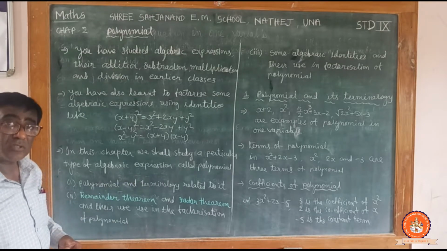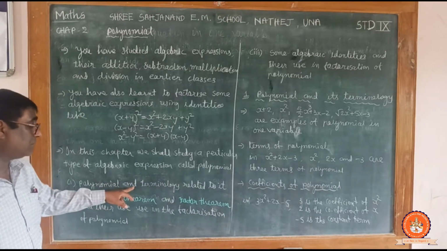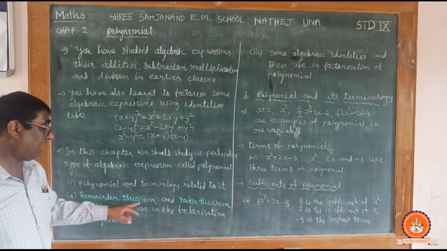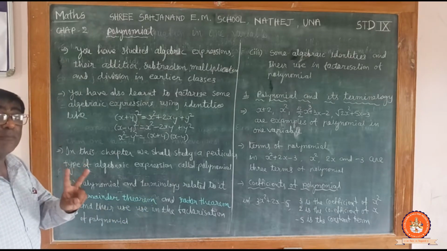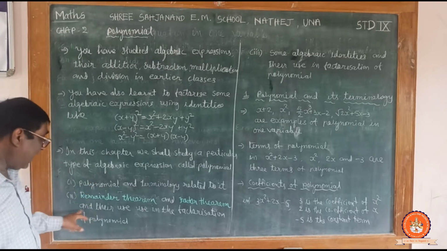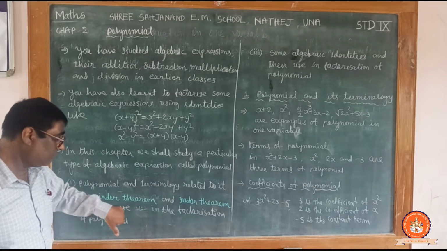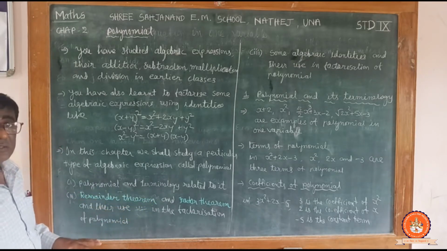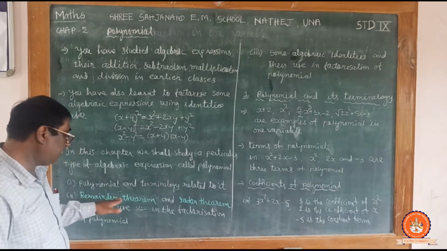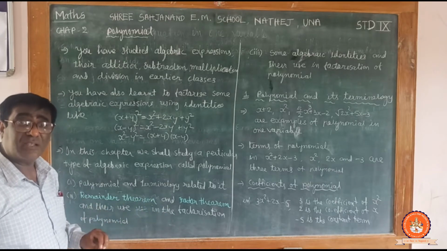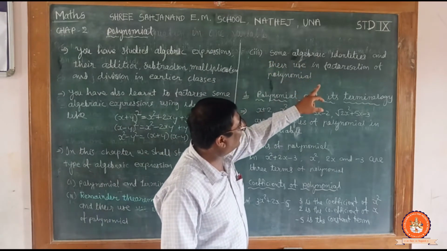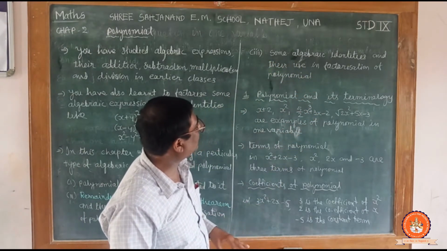Then the remainder theorem and the factor theorem, two important theorems, and their use in the factorization of polynomials. While factorizing polynomials, these two theorems are very useful. And also some algebraic identities and their use in the factorization of polynomials.